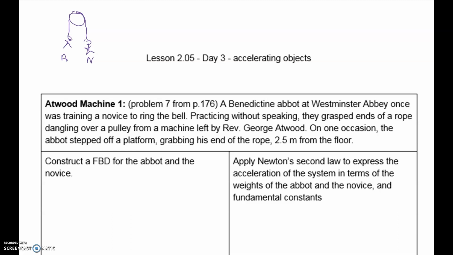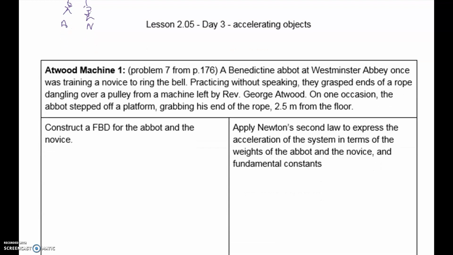So the abbot's going to fall down, which means that the novice is going to be pulled up. So we have motion this way. When our pulley rotates, it's going to rotate counterclockwise.